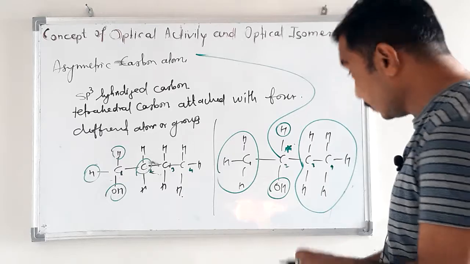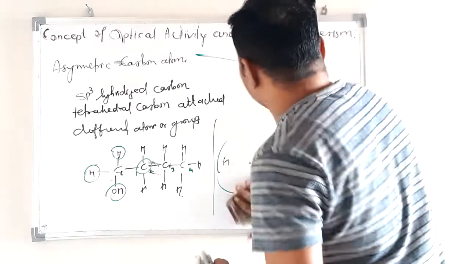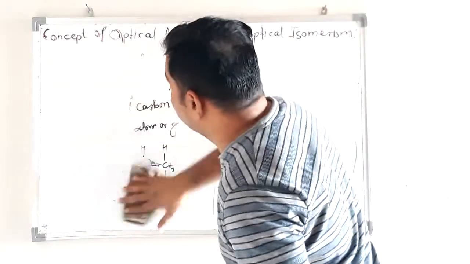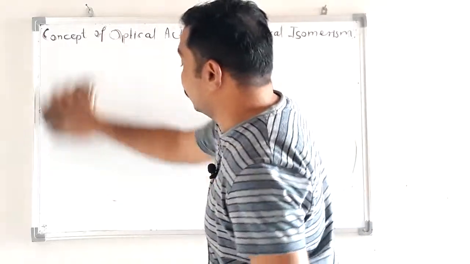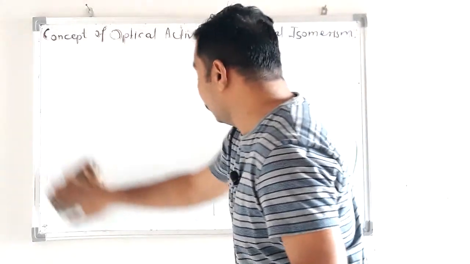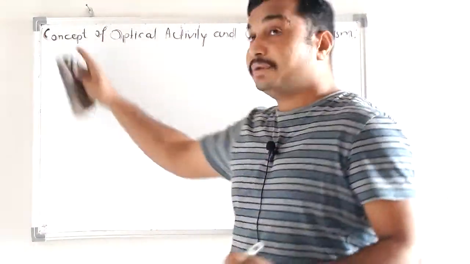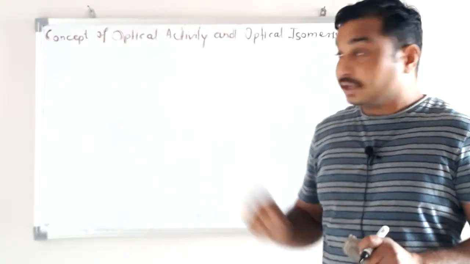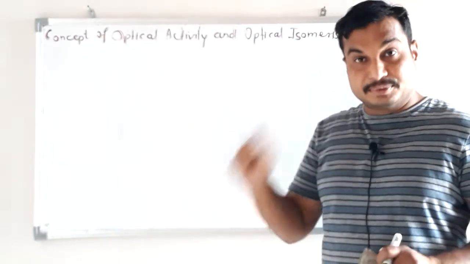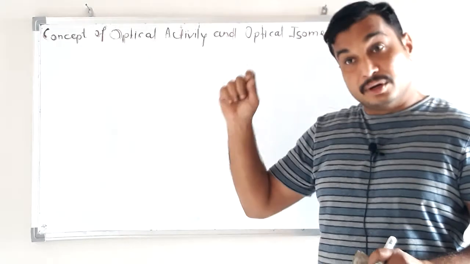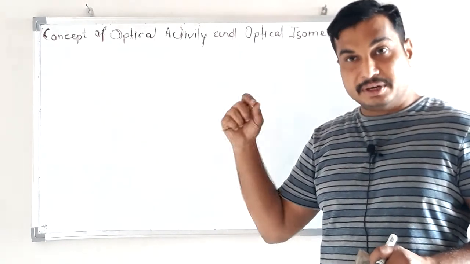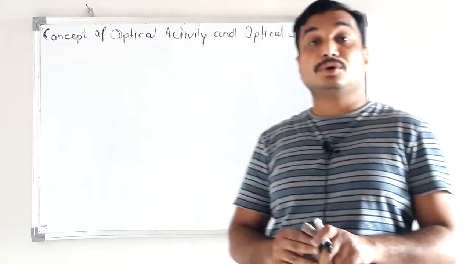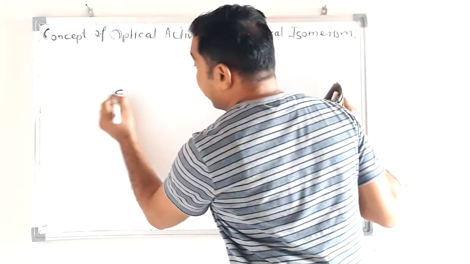Now we can easily judge by applying this whether a compound is optically active or not. In methanol, the asymmetric carbon atom is absent, optically inactive. Ethanol, asymmetric carbon atom absent, optically inactive. 1-propanol, same. 2-propanol, what about 2-propanol?